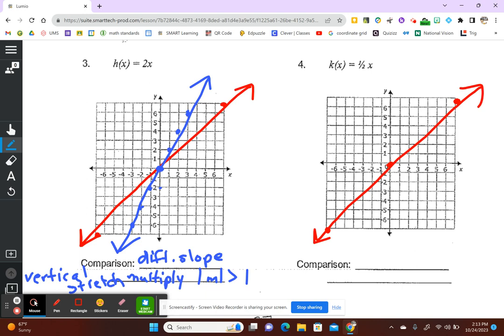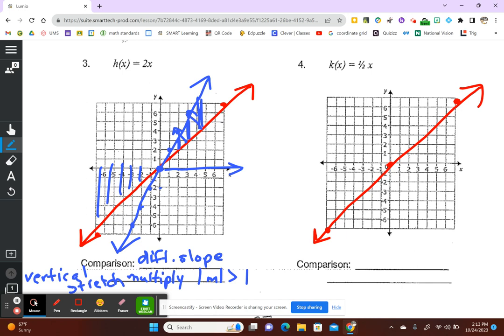What does that mean, to stretch? It means it pulls away from the x-axis. If you notice, every point on the blue line is further away from the x-axis than the red line. The red line is closer to the x-axis than anything on the blue line. So when you pull away from the x-axis, that is a vertical stretch.